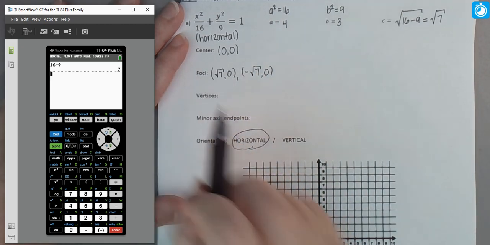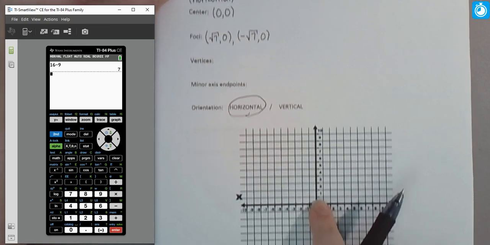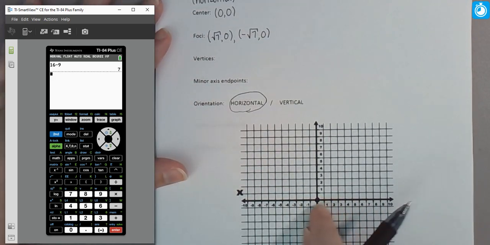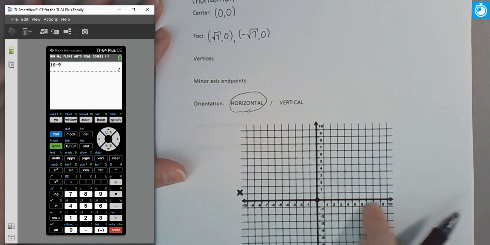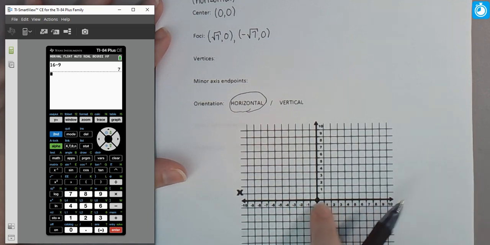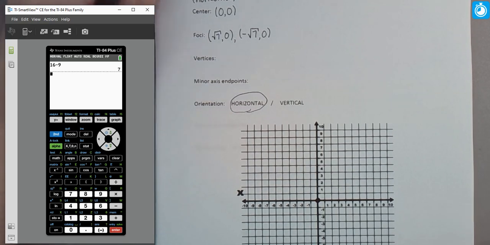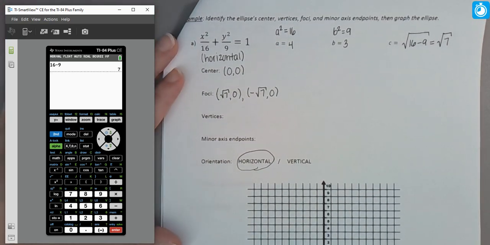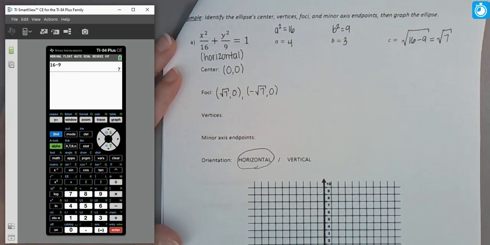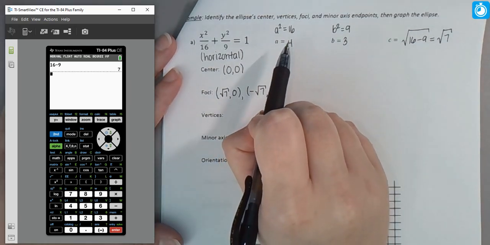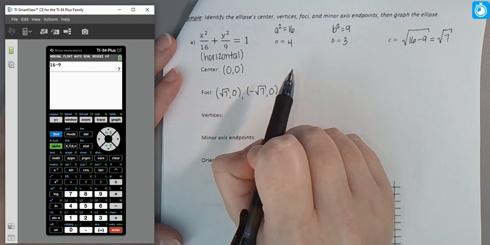So once we transition past the foci along our major axis, that's when we encounter the vertices. So the vertices are going to be along the major axis, further out away than the foci. So each vertex is going to be A units away from the center along our major axis. So in this case, A is going to be 4.